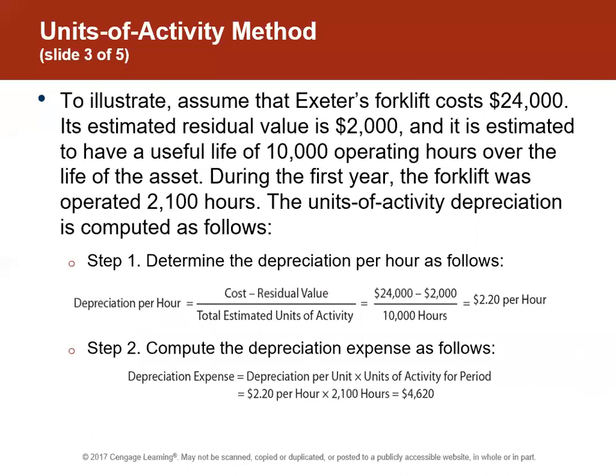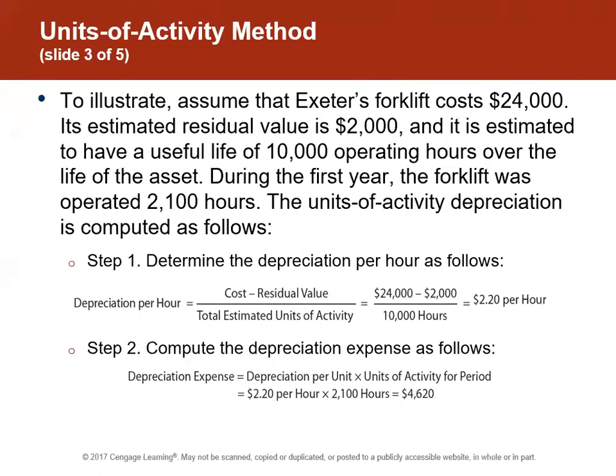So in this case, we'll still look at the forklift. It costs $24,000, with a residual value of $2,000. It's estimated to have a useful life of 10,000 operating hours. So we think we'll get 10,000 total hours out of this forklift, and we can use units of activity instead of the straight line method. During the first year, it was used 2,100 hours.